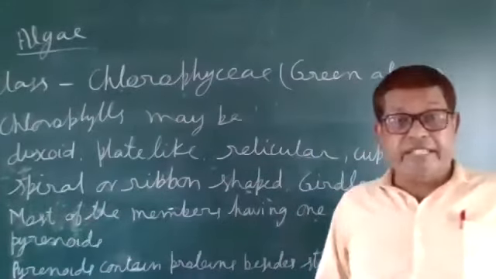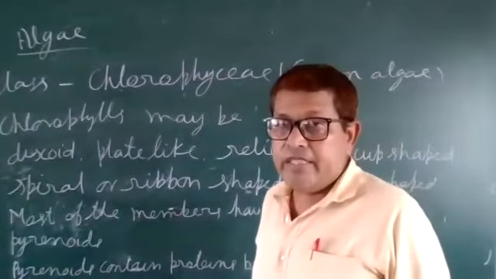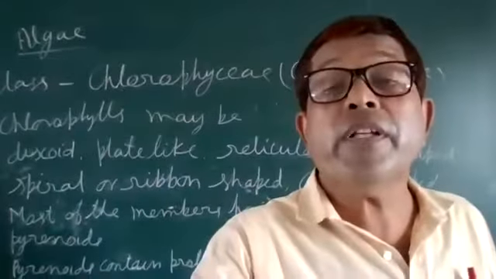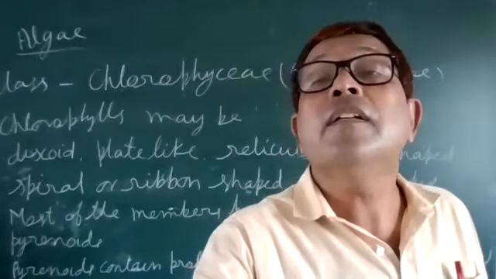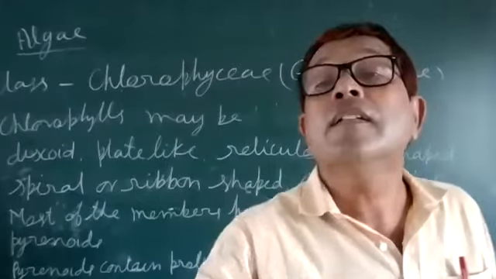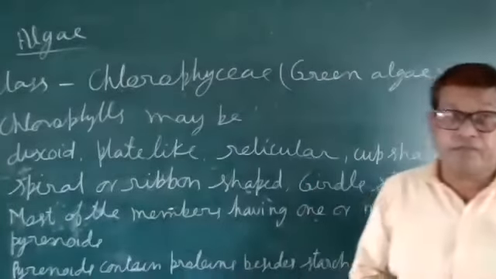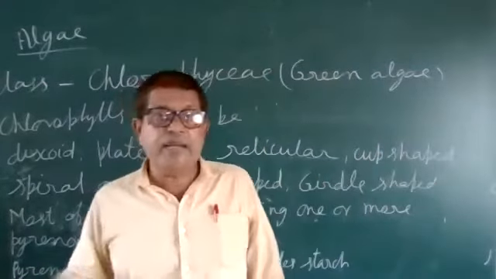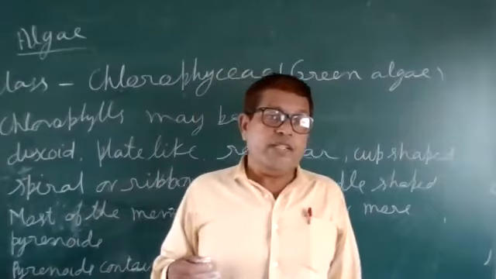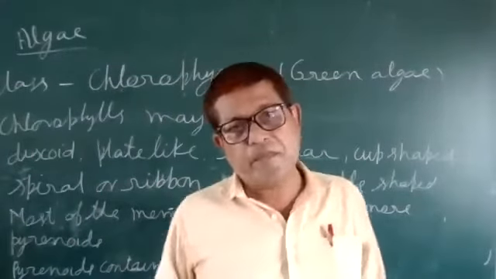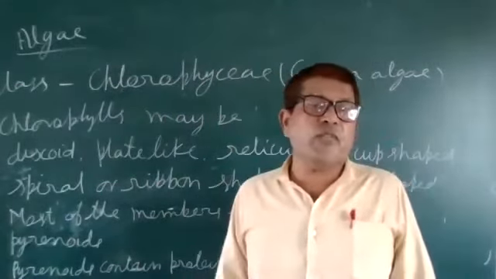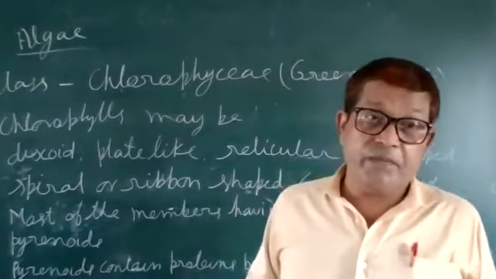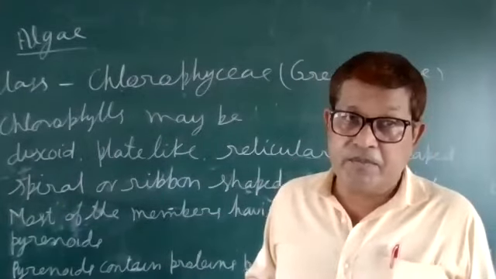And the reserve food material is another important thing. Reserve food material is found in the form of starch. As we store reserve food in the form of glycogen: when we are not getting food for a long time, when we are fasting, how do we get energy?